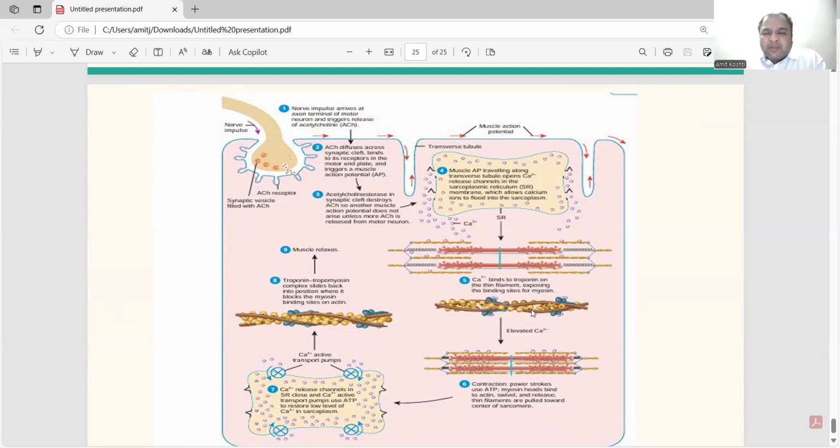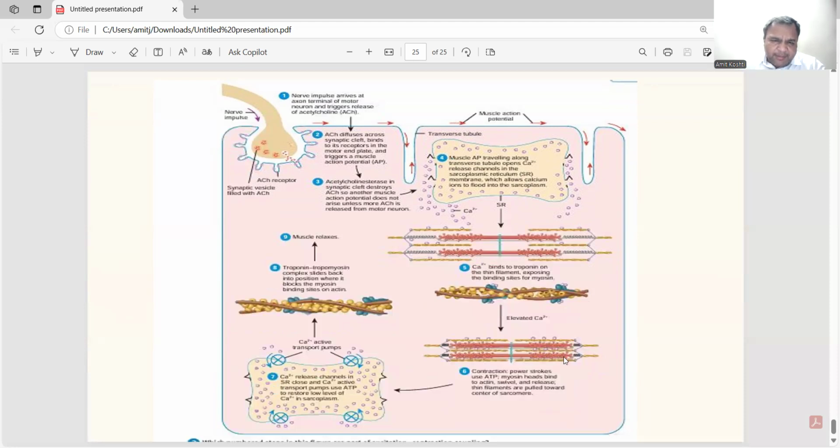As the sites are exposed, myosin attaches. At the same time, ATP binds to the myosin molecule, and ATP is converted into ADP and phosphate, followed by the power stroke.